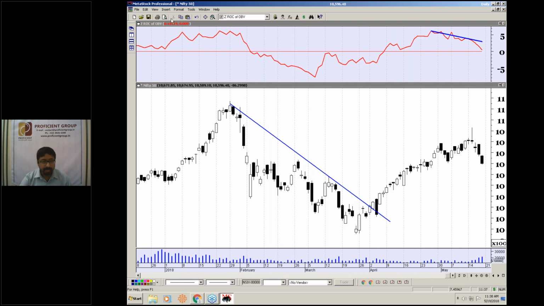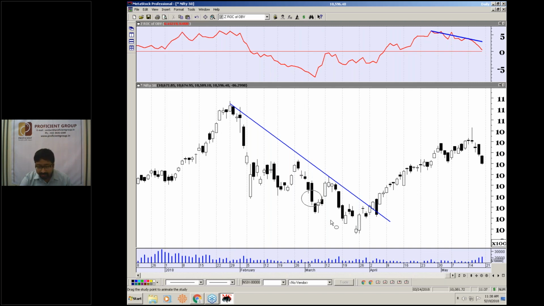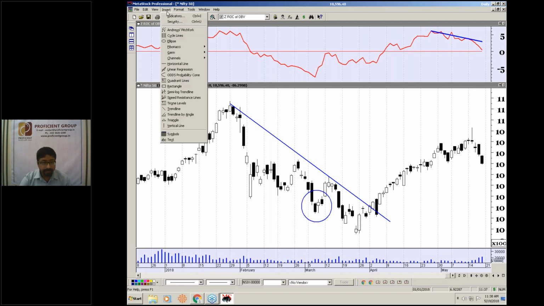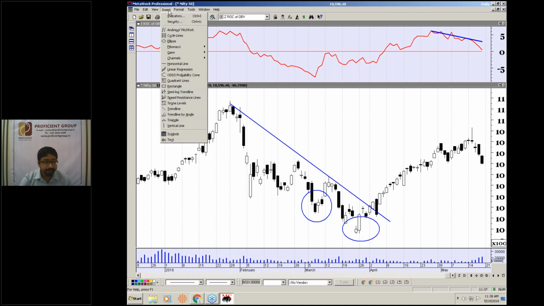Prices were making new lower tops and lower bottoms. Here is a bottom, and here is another bottom. But look at the momentum oscillator.